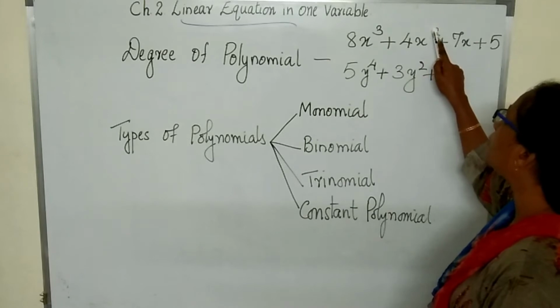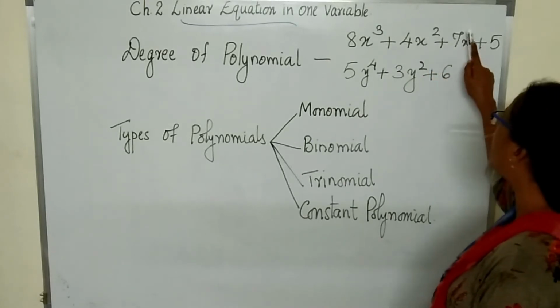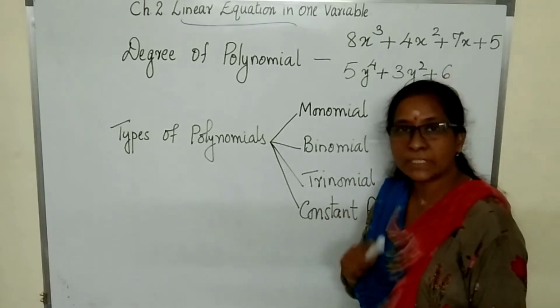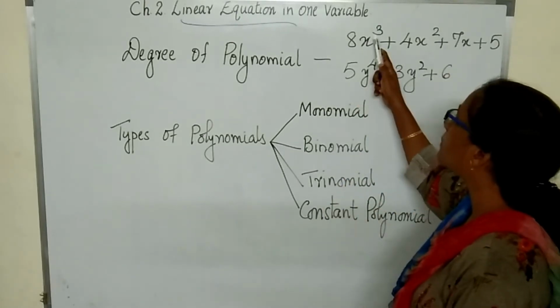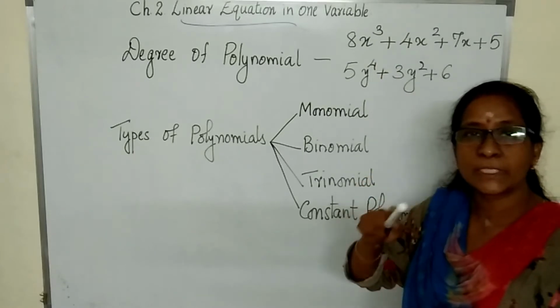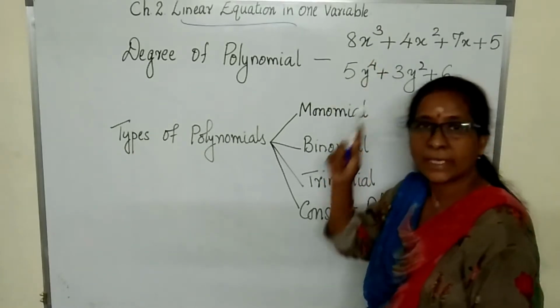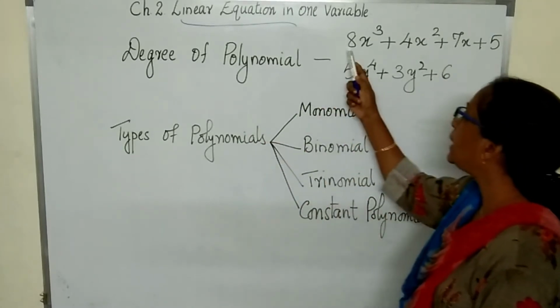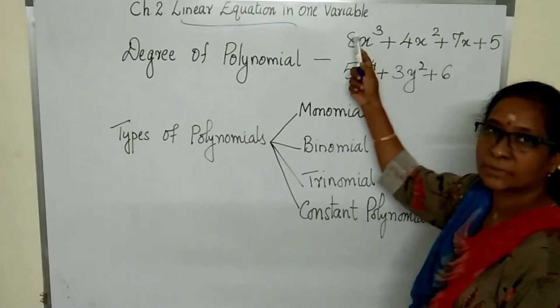Second term the power is 2. Third term the power is 1. And the last term the power is 0. What is the highest power? The highest power is 3. So the highest power of the variable is called the degree of the polynomial. So degree of this polynomial is 3.